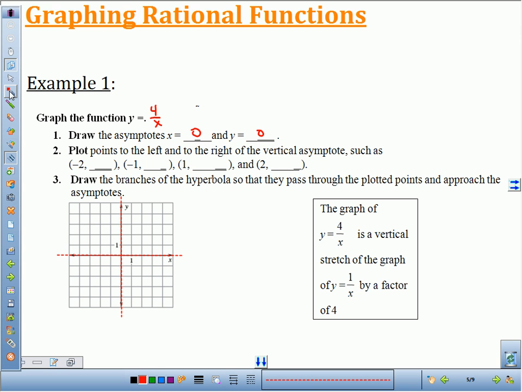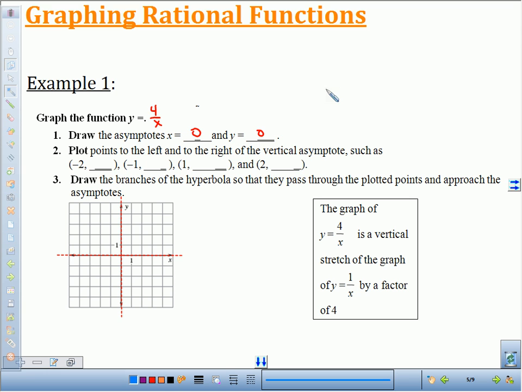Now, as I said, the trickiest part of this whole thing is finding the asymptotes. All right, we've already done that, so yay! We've got a little bit of an easier job ahead of us. Because the next thing we have to do is real simple. We plug 4 over x into the graphing calculator, and we look at the table.